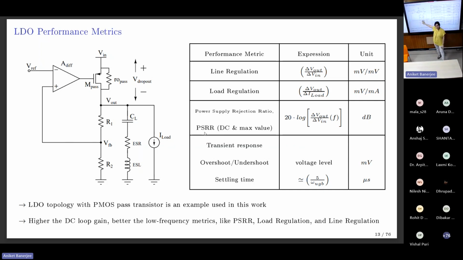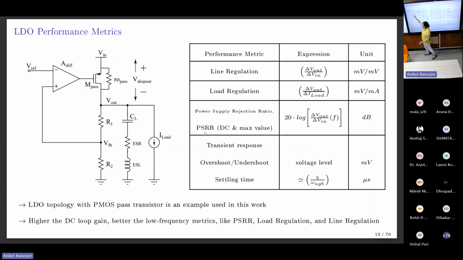The LDO is still supposed to hold the output. Okay, so that's transient response. And you need to settle soon also. So the unity gain bandwidth of the loop will decide how fast you settle back.